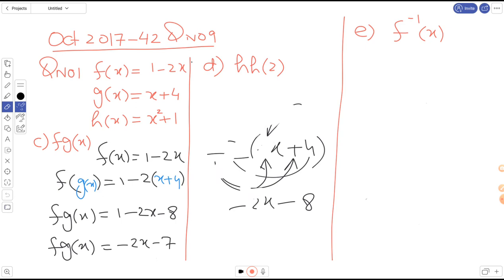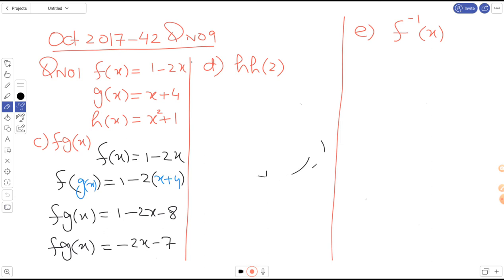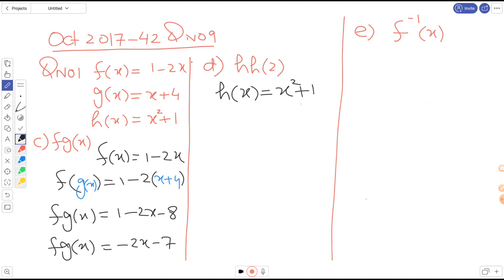And let's go after this to part number D. And what is D part? You can see here h of 2, a very clear sense. Step by step we can do it. So first of all, put 2 in h. Because I put 2 in h, so I have to copy what? Copy h first of all. So my habit, I always first copy the function. You can skip it, no problem, but it's better planning.